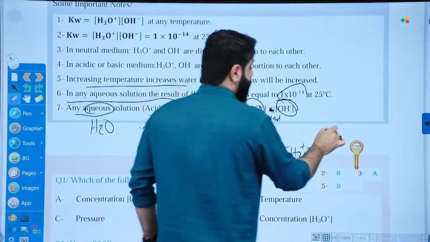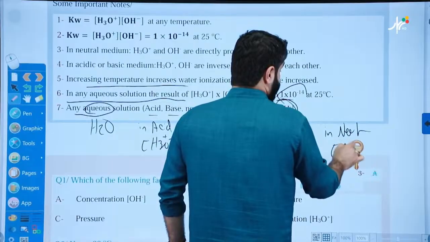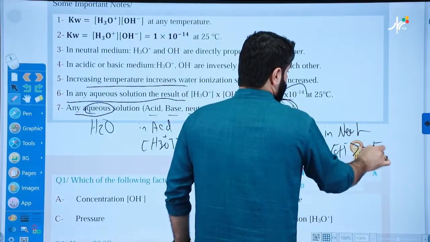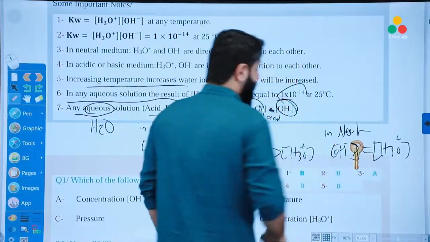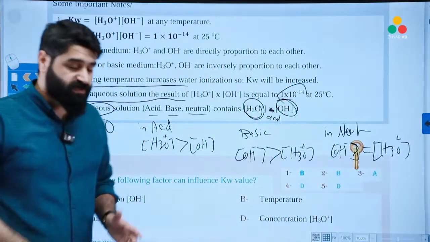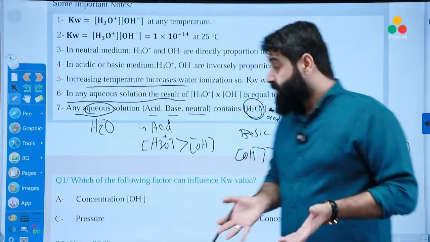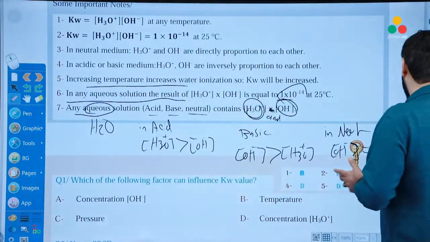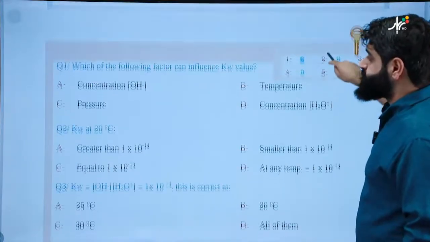And in neutral, they're equal. OH equals H3O. You should know this. The point is, because we have prepared all the solutions, acids, bases, neutral, in water, all of them contain H3O and OH, but it depends on the type of medium which concentration is greater.